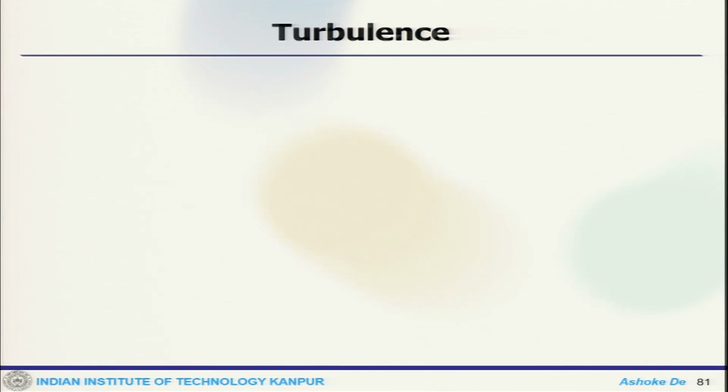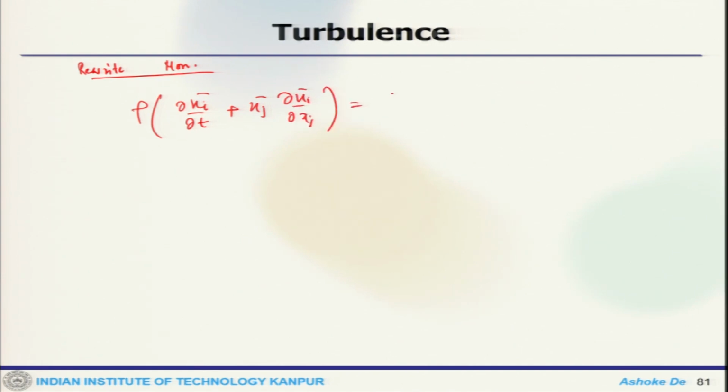Now, for closure of this stress, we have this momentum equation, and we can rewrite it again in a slightly different form: del sigma ij by del xj plus del by del xj of minus rho ui prime uj prime, like that.